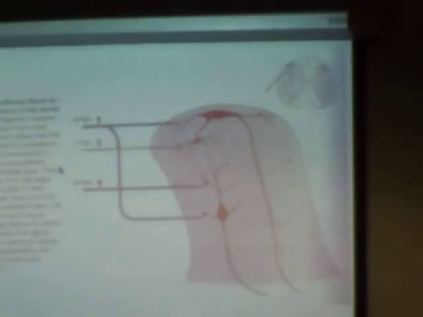I think that's how you spell it. The substantia gelatinosa is another name for lamina 2. So your C fibers synapse at lamina 2, in the substantia gelatinosa, with an interneuron. A little interneuron comes in here, which then connects with a second order neuron in lamina 1.